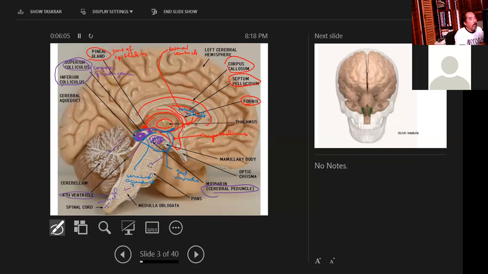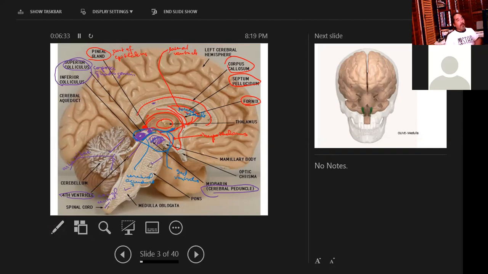So what is that white matter located here? That white matter is called the arbor vitae. If I ask you what specific structure I am pointing at, don't say cerebellum. It's the arbor vitae, the white matter there. And if I point to something here and ask what this structure is, don't ever say that's the brain.